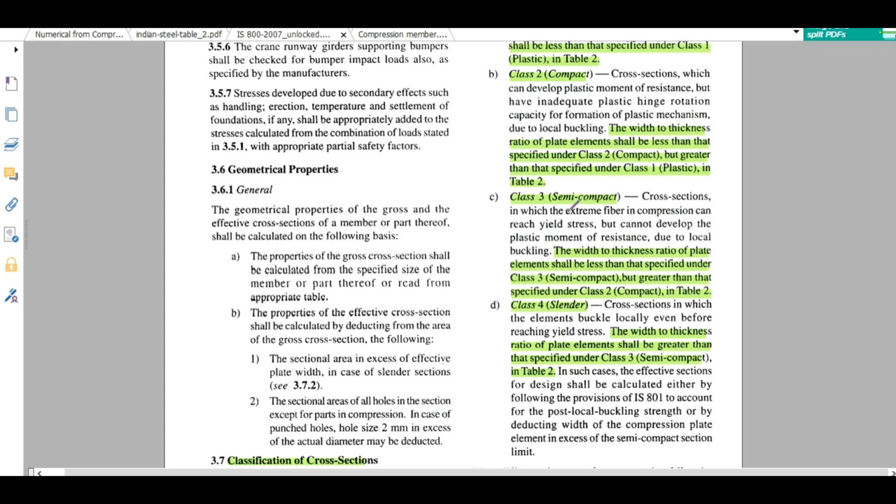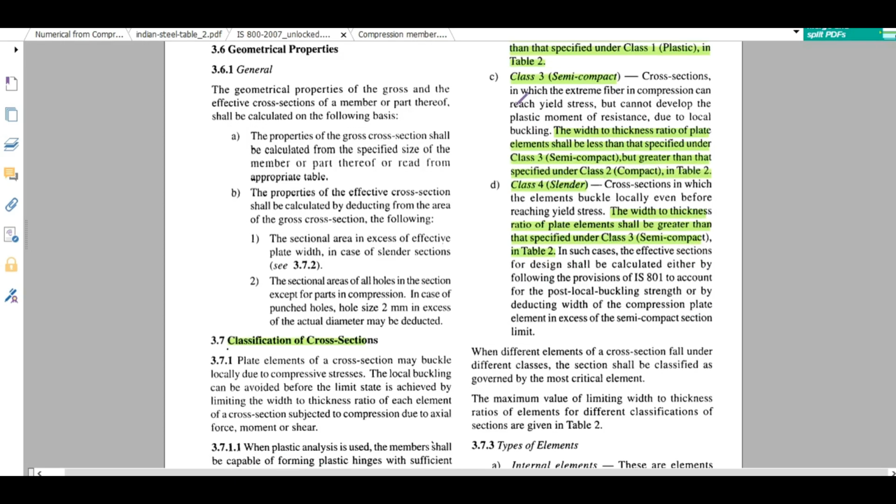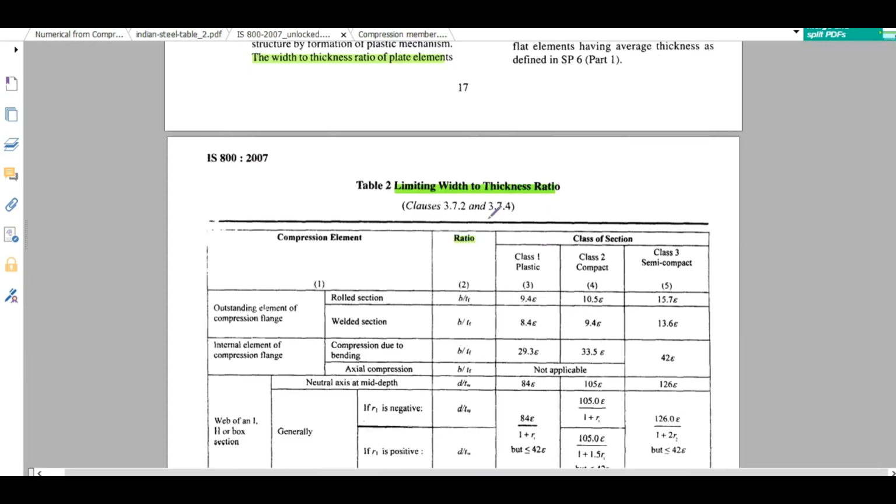Okay, different classes, and for different classes the failure behavior is different, that is, when you apply some load, how the stress develops and what will be the failure behavior. That is what the class means. So depending on the failure behavior these classes are categorized, and the class depends on the ratio.